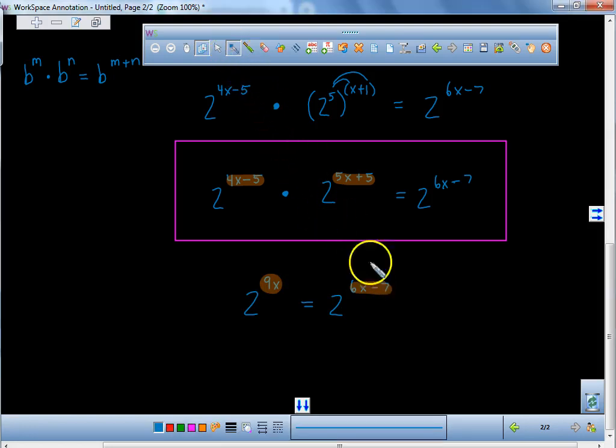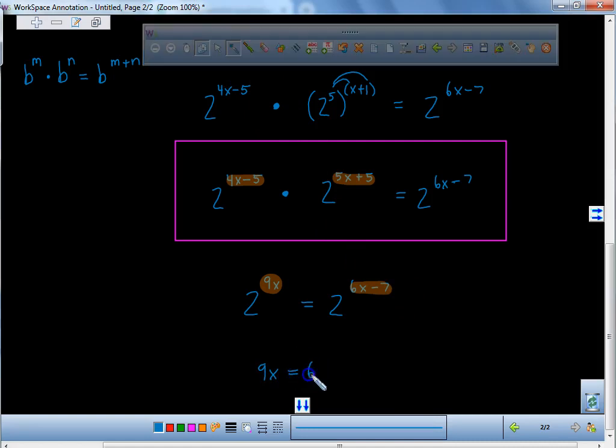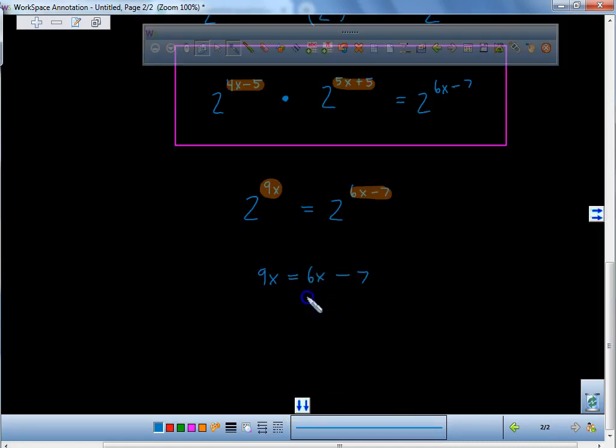Just set it equal to each other. 9x equals 6x minus 7. So what do we do to both sides? Take away a 6x, take away a 6x. We get 3x equals negative 7, and divide both sides by 3, and we get x equals negative 7/3.